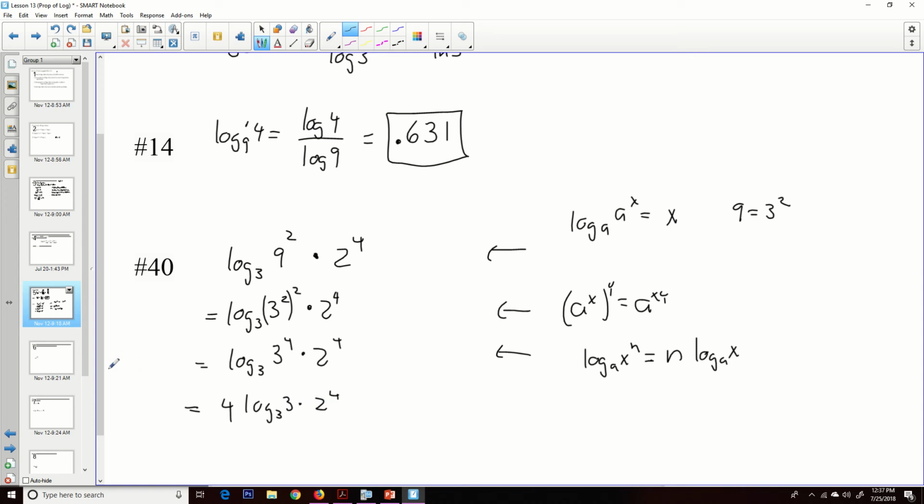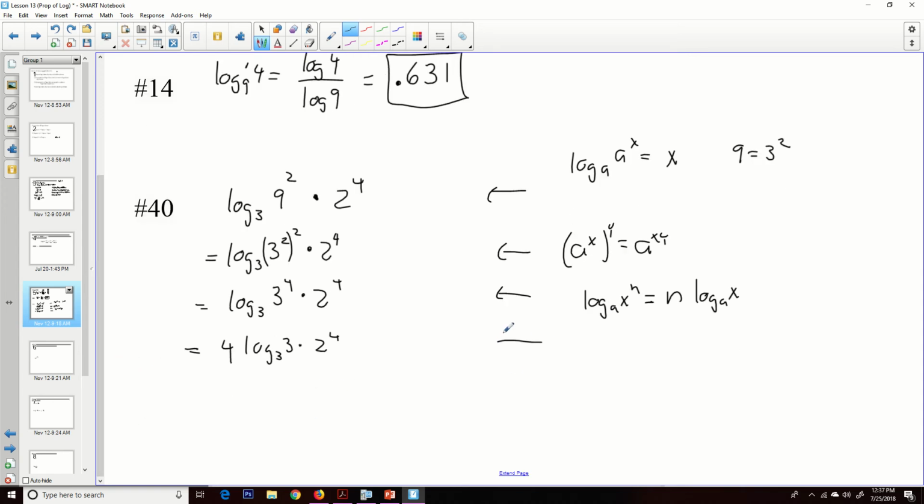And so I'm going to do two things here. Remember that log base a of a is equal to 1, and that 4 equals 2 squared. So I get 2 squared, put it to the third, 2 squared times 1 times 2 to the 4th.